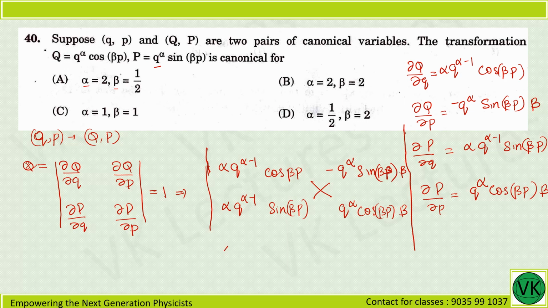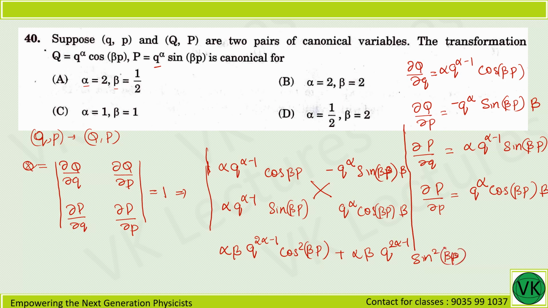So alpha beta q to the power 2 alpha minus 1 into cos square beta p, minus, so minus of minus it will become plus alpha beta q to the power 2 alpha minus 1 into sin square beta p.